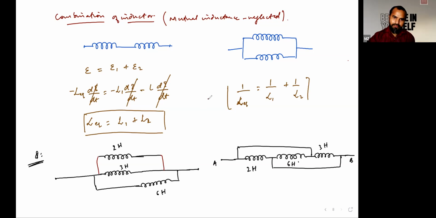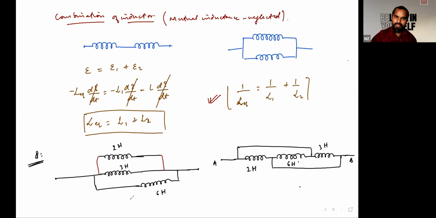So just apply this formula and you will get the result. Good, Noor. Ahmed, have you solved the second one?